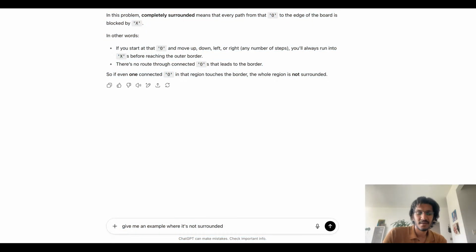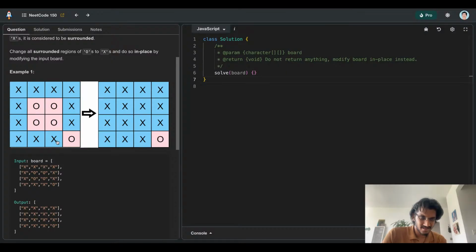I'm not sure. I'm thinking about a case where this X right here is 0. Would that render this whole square now? It's unclear.